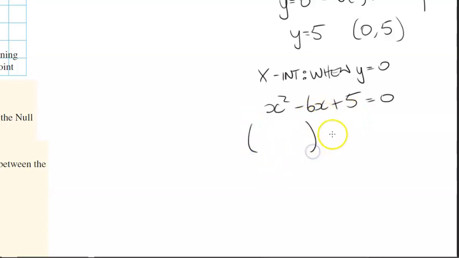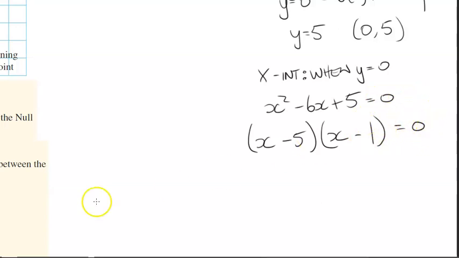These two numbers are negative 5 and negative 1. Negative 5 times negative 1 gives me positive 5, and negative 5 minus 1 gives me negative 6.